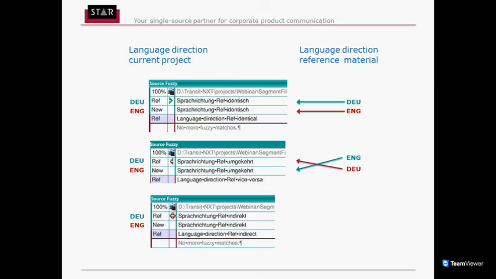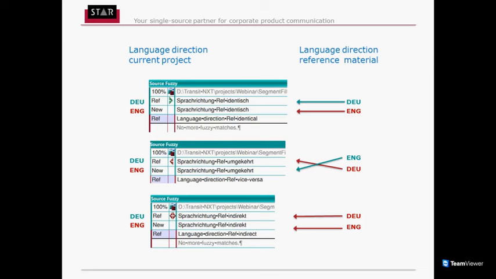The third one you could see is this one. This means neither of the two languages was the source, or the other way around, both languages were target languages from another project.